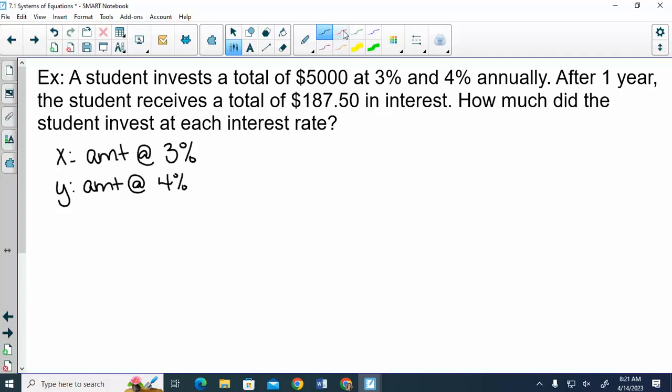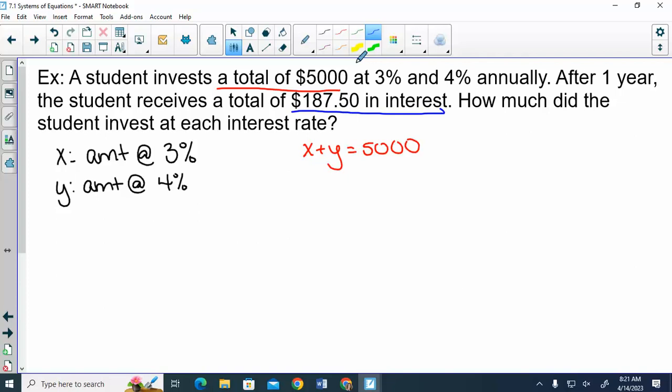So now we need equations. The first thing we know, we invest a total of $5,000. So what would you do? x plus y equals 5,000. The second thing we know is the interest. How do you get interest? Compound interest is A equals P times 1 plus the rate over n, but let's just do simple interest.